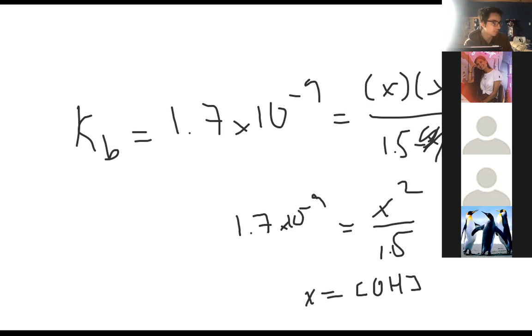From there, we could use similar processes we've done in the past to solve for pH. So Kb or pKb is basically the same thing that we just did, just with that extra step of converting pOH to pH.